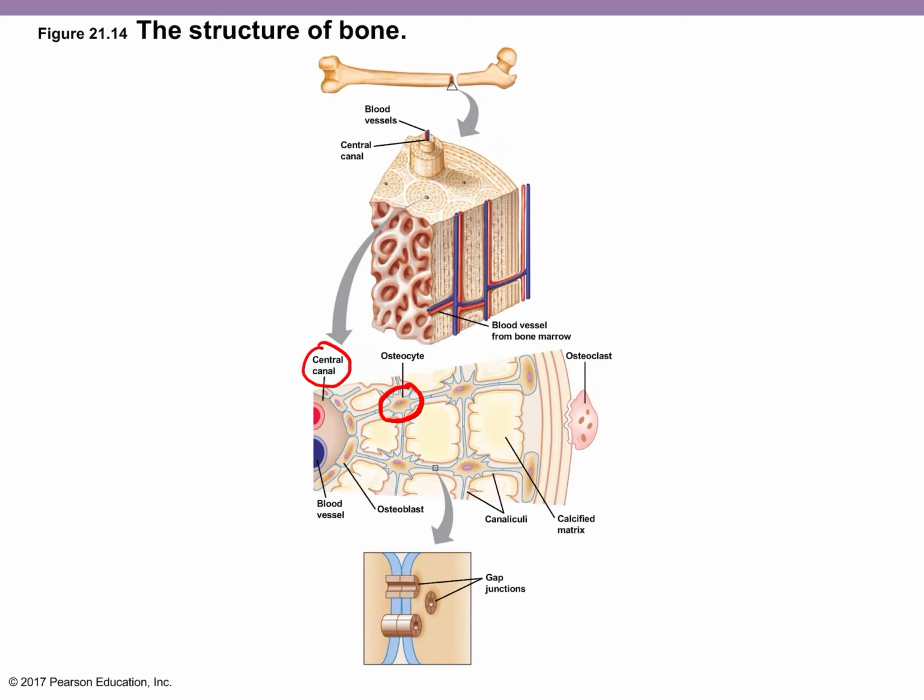And then on the outside of bone, on the periosteum, we're going to have a mix of stem cells, osteoblasts, and osteoclasts, and that's where we're going to enlarge the bone. This little detail here is just showing you that the osteocytes can actually communicate with each other because they are going to be joined with gap junctions, or these communicating junctions.